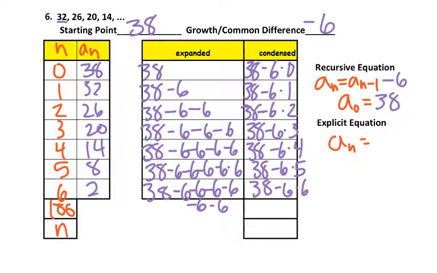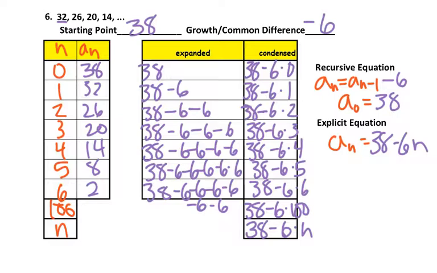Okay, and I am quickly running out of time because they don't limit me to a half an hour on these. But when we get to the n term, 38 minus 6 times n, right? Again, that same pattern of connecting the inputs to the outputs. So 38 minus 6 times n. Okay, so pause the video right here, take another 10 minutes, and try to do 7 and 8.